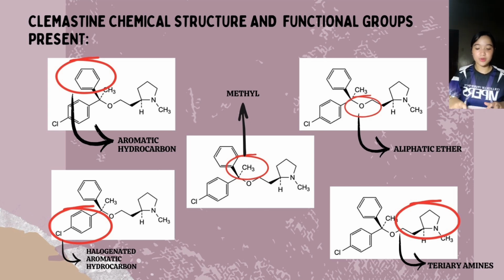Next is the methyl group, the CH3 attachment placed here. Next is the aliphatic ether, the O attachment with two lines. And then the tertiary amine, the N and CH3 attachment.